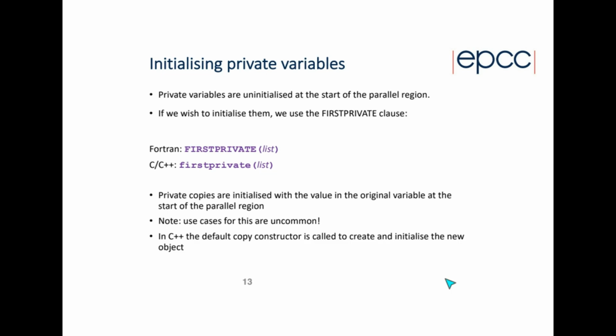So creating the storage is free, but copying the values is not. If they're scalar variables, the cost of the copy will be negligible. But if you have large private arrays, then making those copies can be a significant overhead. So you certainly don't want to do that if you don't need to.